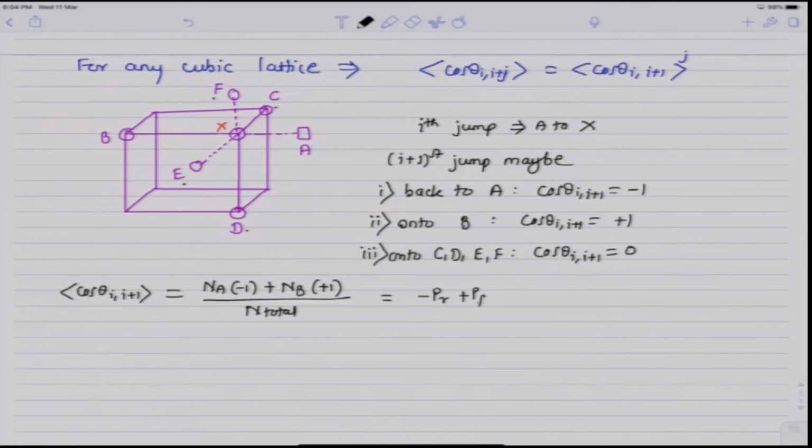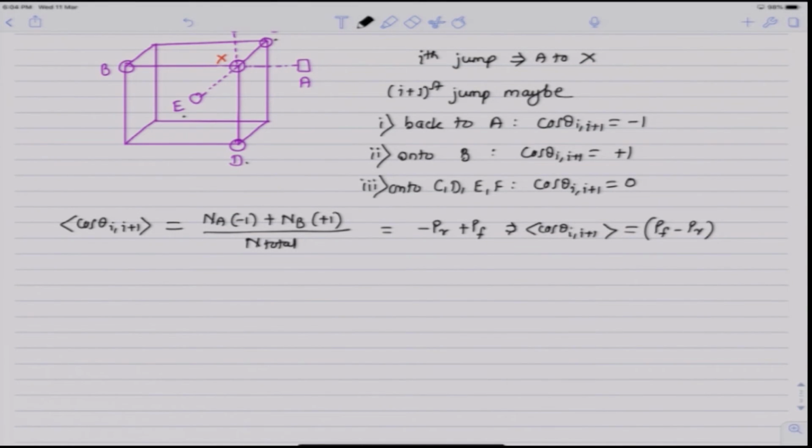Similarly, N B by N total is the probability that an atom makes a forward jump. Let us denote it by PF, plus PF. So, we get the average of cos theta I plus 1 should be equal to PF minus PR.